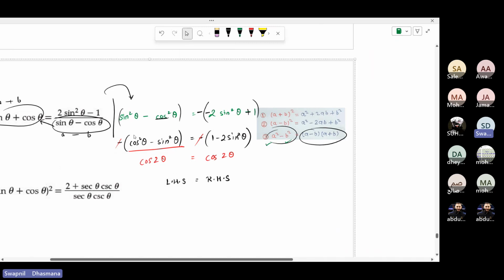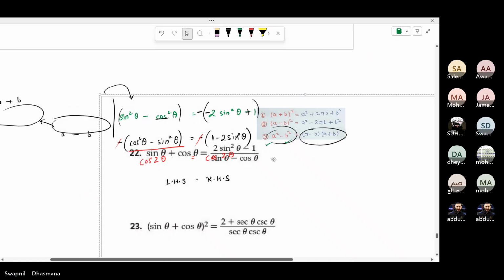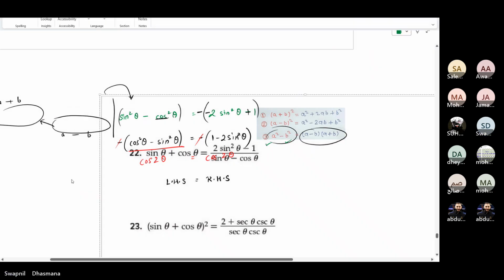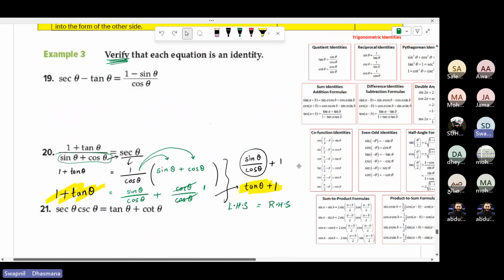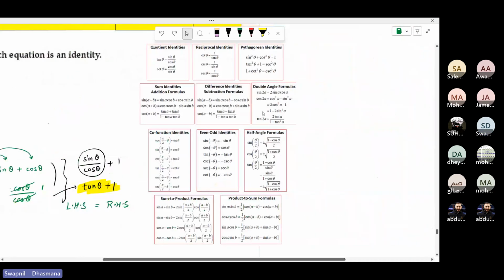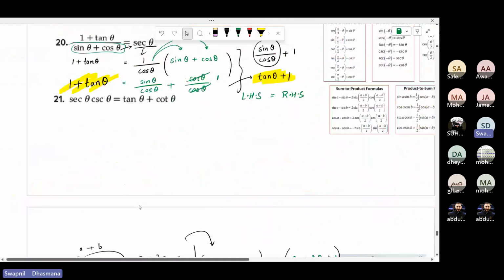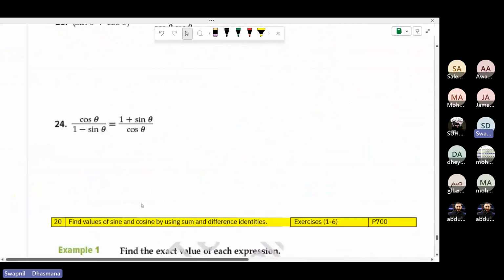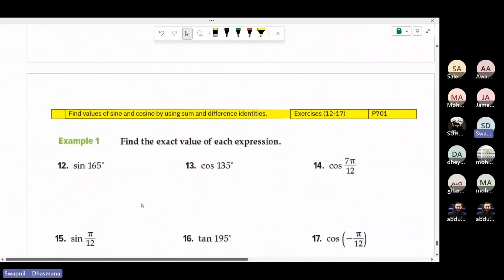And where is this rule? It's right here. So you should know how to use these rules even if you have a printed sheet. All these questions are similar.